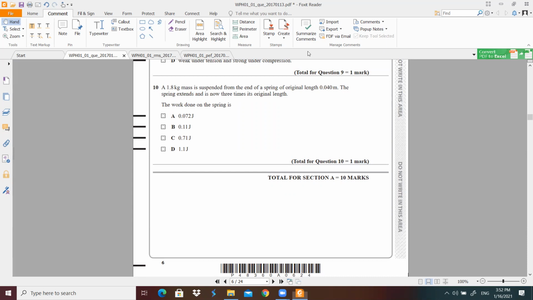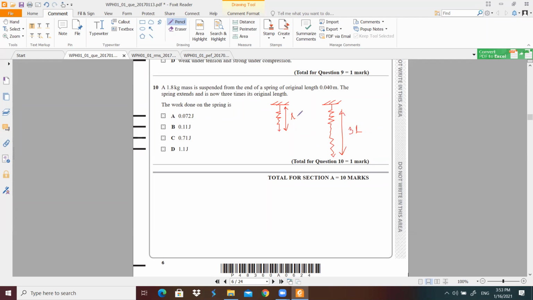Okay, so these types of questions are a bit confusing because a lot of times students fail to visualize what's going on here. So it says initially the length was L. Now it's 3 times this L.